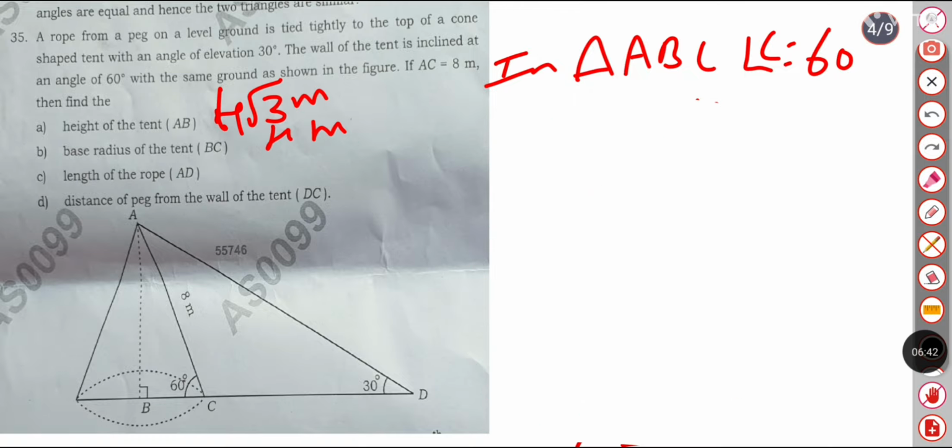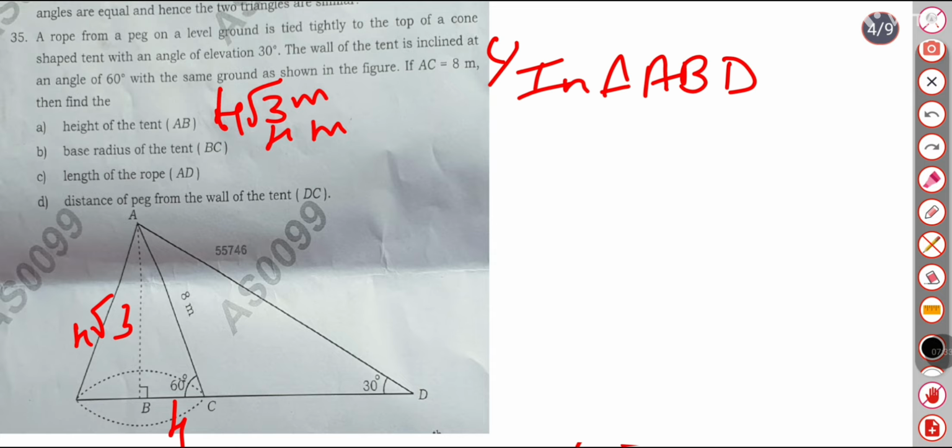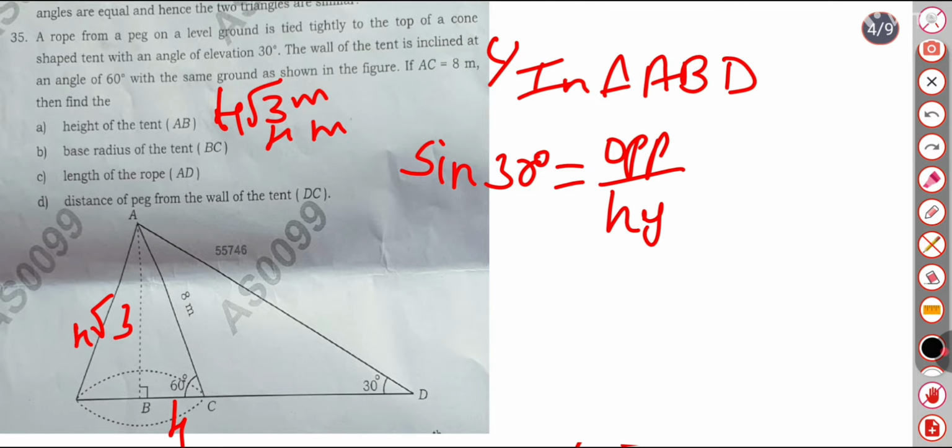Next we are finding the length of rope AD. To find AD, we have to consider triangle ABD, not triangle ACD, because we always have to consider a right angle triangle. So in triangle ABD, we know AB is 4 root 3, the opposite side, and angle 30 is given. So we can find the hypotenuse using sine. Sine 30 degrees is opposite by hypotenuse.